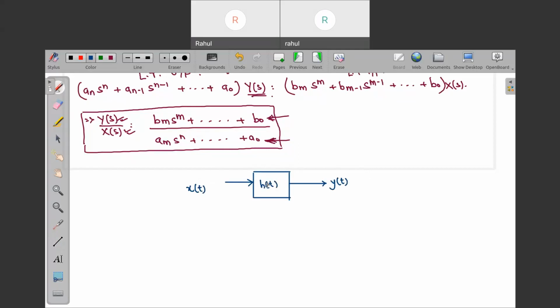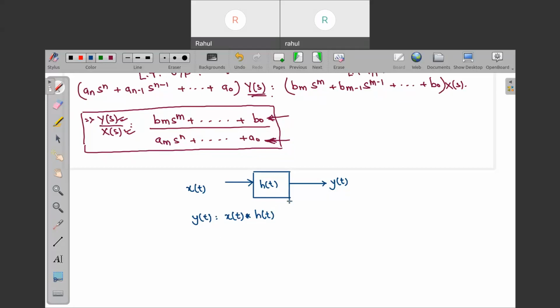This system is defined by h(t). So we know that y(t) is equal to x(t) convolved with h(t).